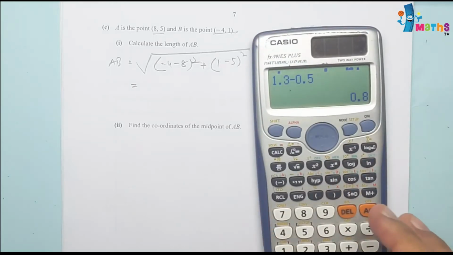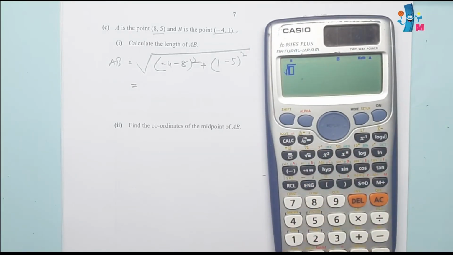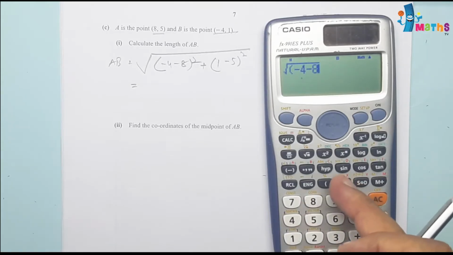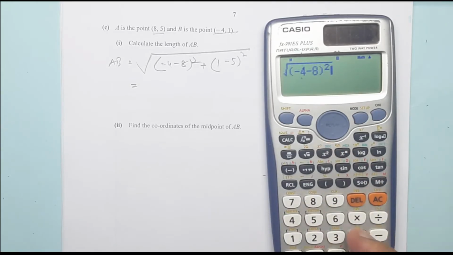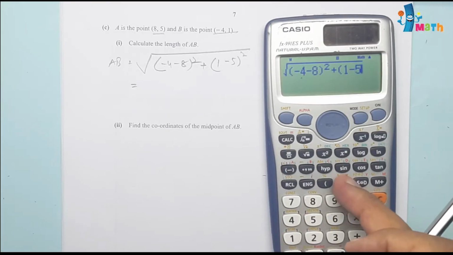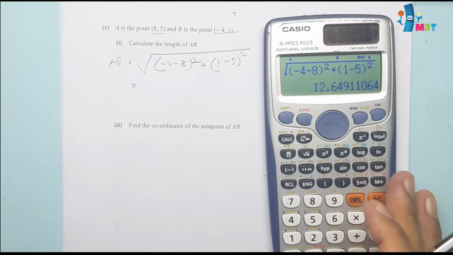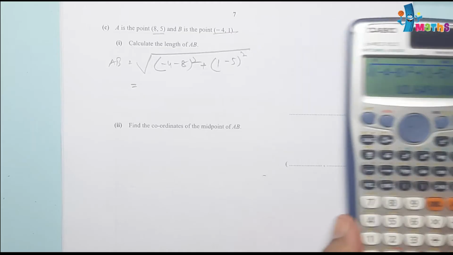We can use a calculator for the calculation. So this will be equal to 4 root 10, or we can write 12.65.